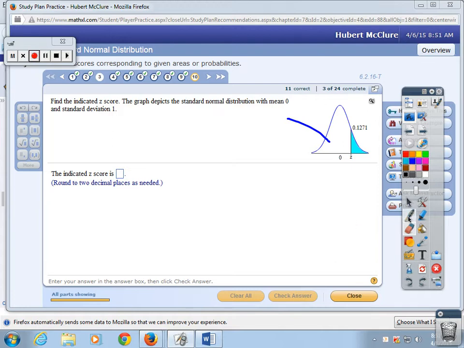0.8729. Somebody tell me that's right. So you need to find 0.8729. And it's going to be a positive z-score, so you need to look on the positive table.